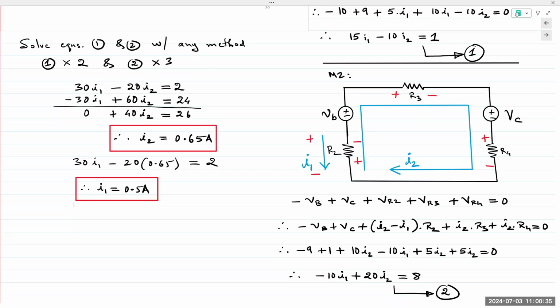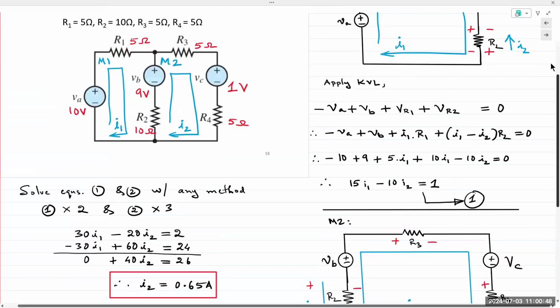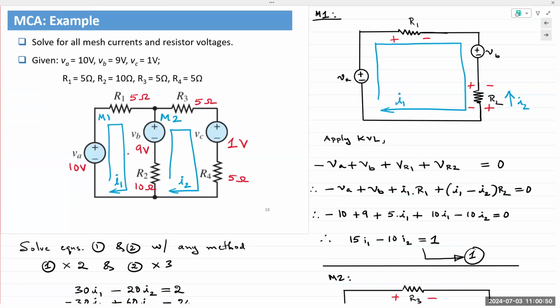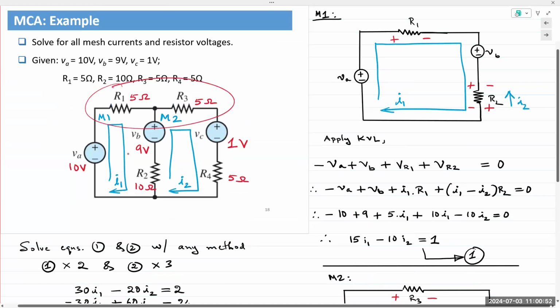Now, at this point, obviously, we have only the mesh currents. We don't have the actual currents or the voltages across the resistors. But if we ignore R2 for now and look at R1, R3, and R4, what do we see? They are not shared.